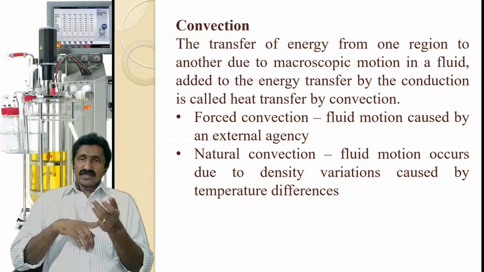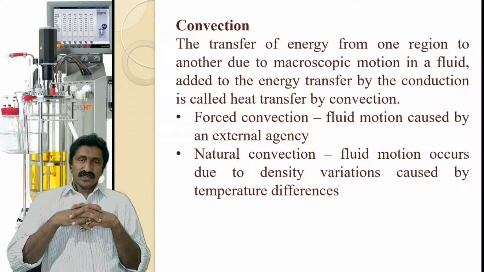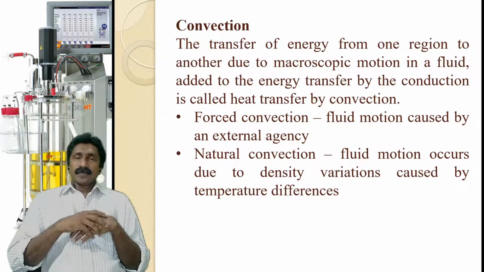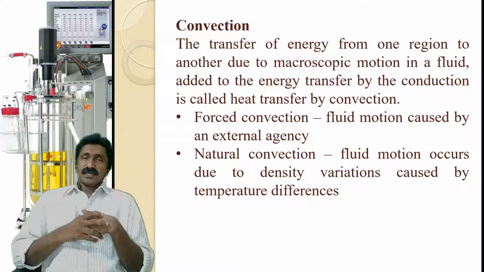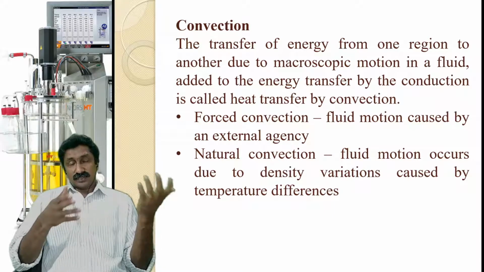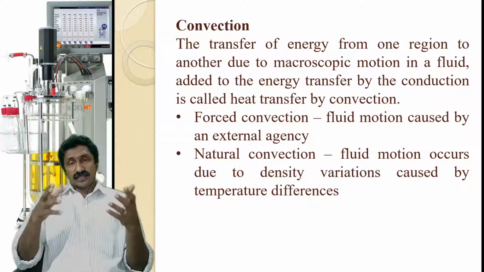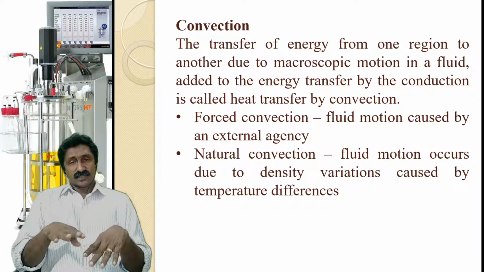Whereas natural convection is fluid motion that occurs due to density variations caused by temperature difference. For example, in a water body, in a pond or ecosystem where sunlight falls, and even the cyclone that is created, these are also convection processes where temperature differences occur in the system.